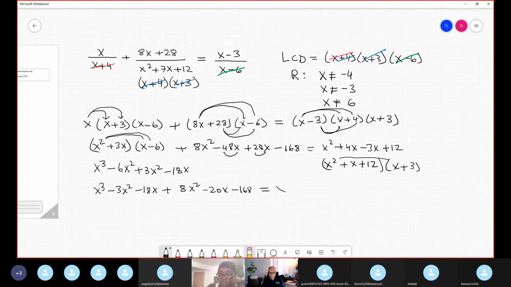Entonces, x cubed. This is 3x squared. I did the first one. The second is x squared plus 3x.